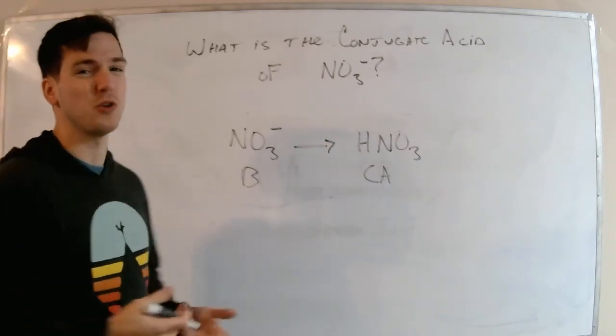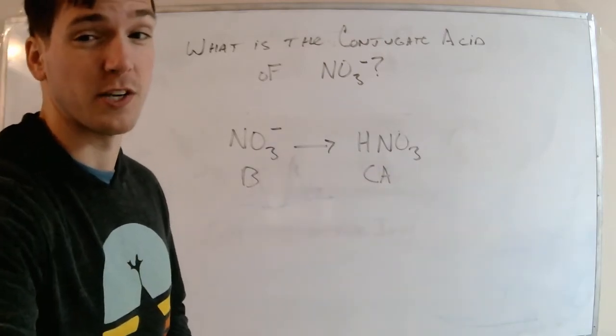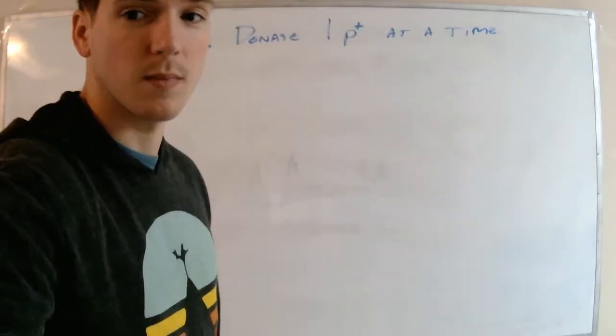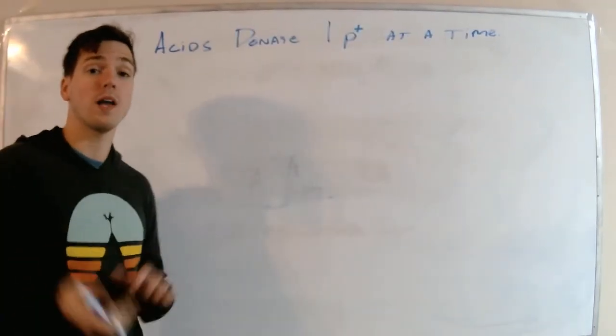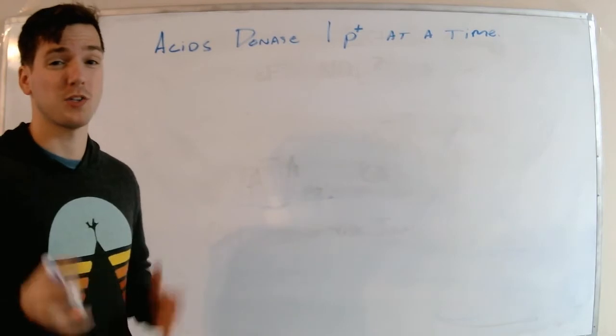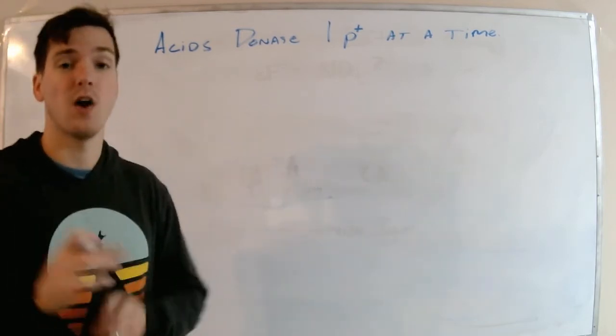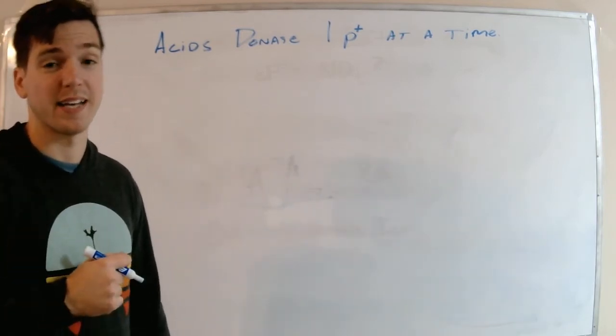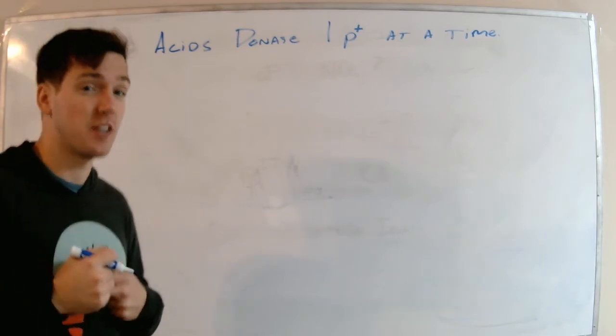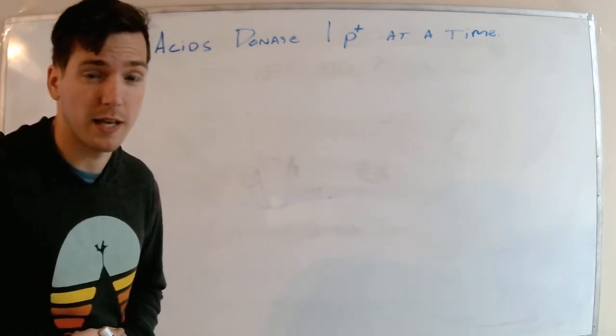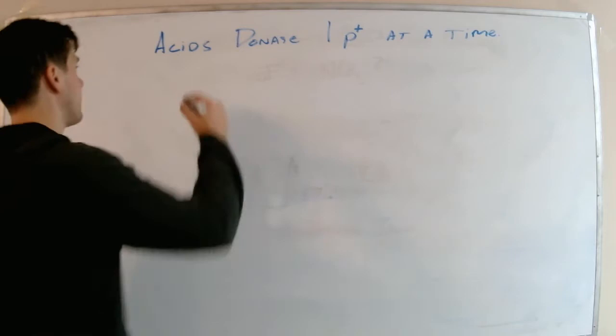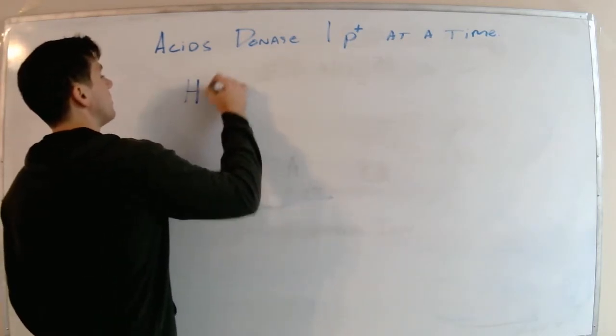Let's go into the dissociation equations that we have to be able to do. One concept that you have to understand is that acids donate one proton at a time. They will never donate multiple protons at a time. So let's look at something like HCl.